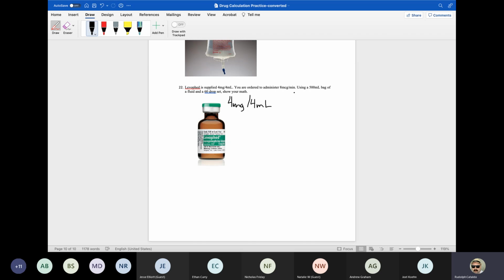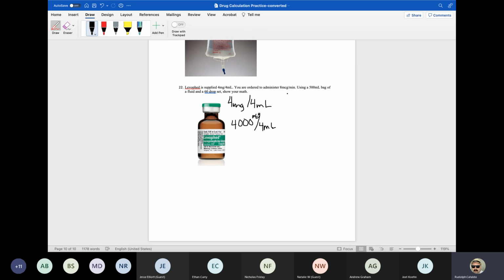We have milligrams and we need micrograms. So how do we convert this? If we have 4, what does it now become in micrograms? 4,000. Okay. 4,000 micrograms in 4 mLs.